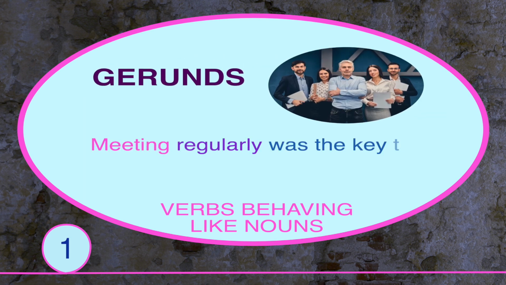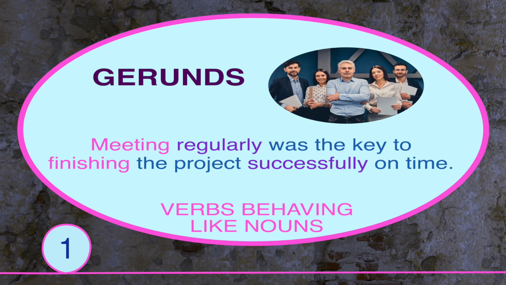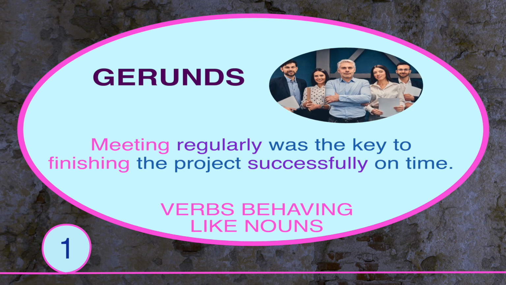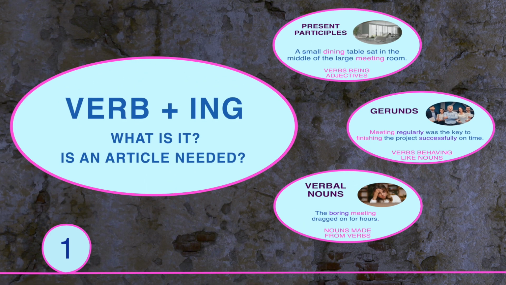Meeting regularly was the key to finishing the project successfully on time. When it comes to thinking about whether we need to use articles with these verb plus ing words, we can forget about participles. Like all other verbs and adjectives, they don't take any kind of determiner.